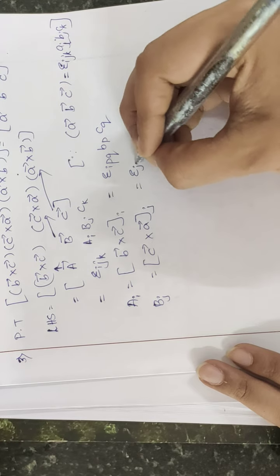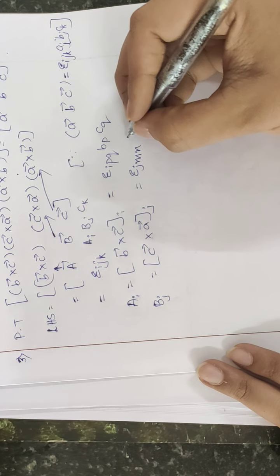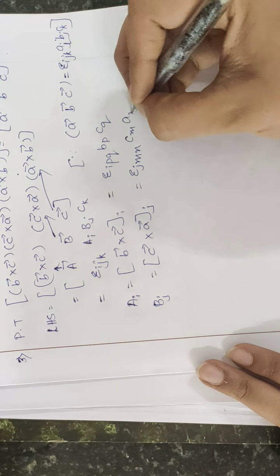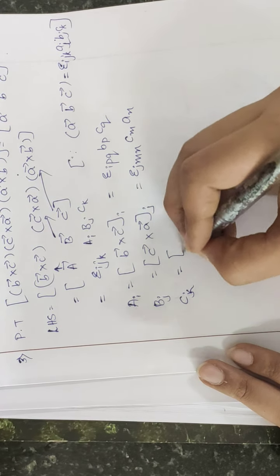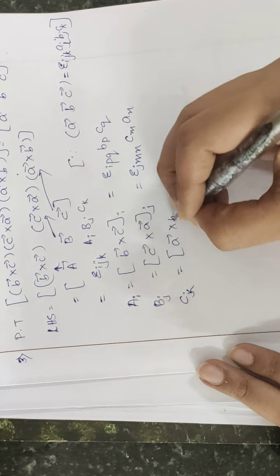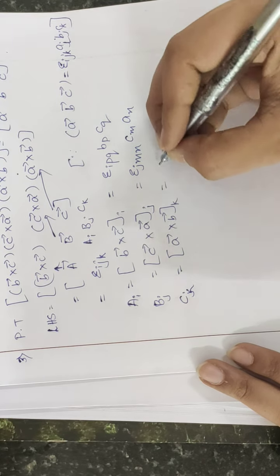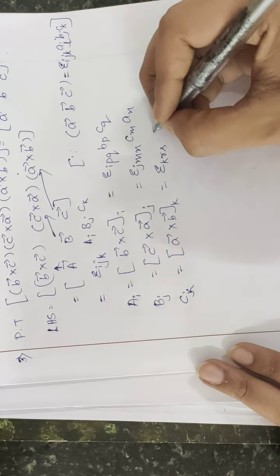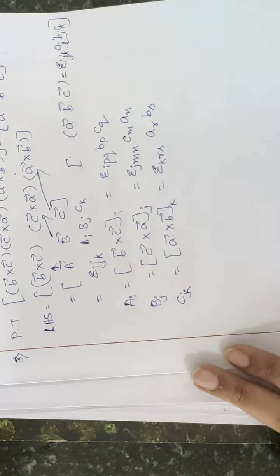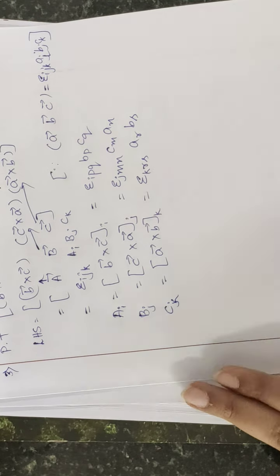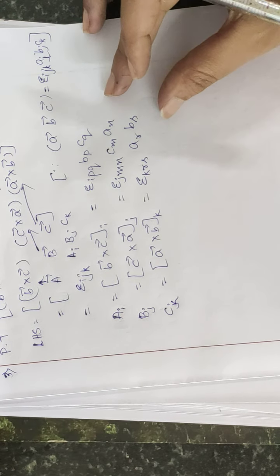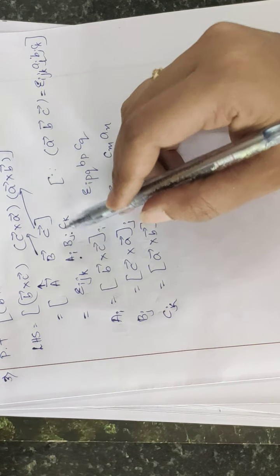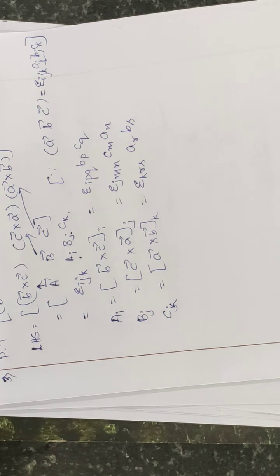This is epsilon jmn cm an, and ck is a cross b with respect to k. This is epsilon krs ar bs, right? Now we have to substitute these values here, ai bj ck, and again use the epsilon delta relation.